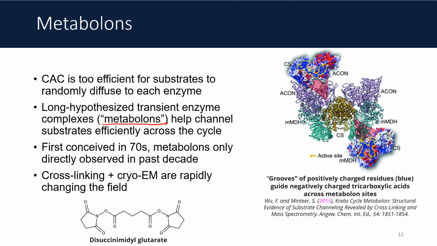And remember that metabolons come together and break apart. So what these scientists did in this paper, which is one of several on the first metabolon discovered in the citric acid cycle, is add a cross-linking reagent, disuccinimidyl glutarate, which glued the pieces of the assembly line together.